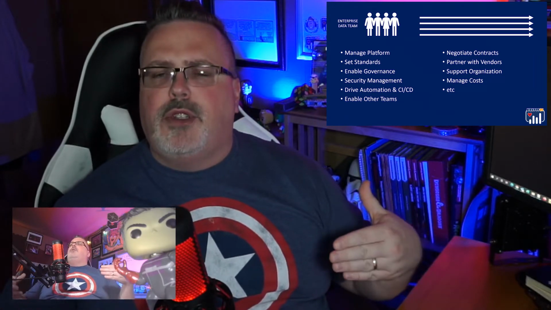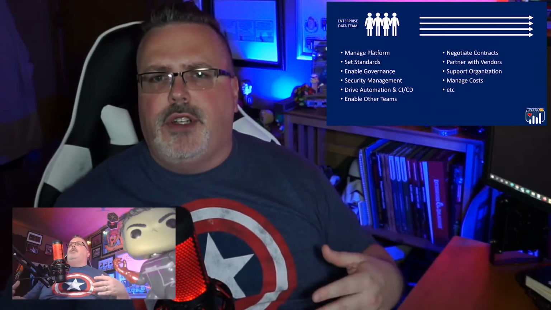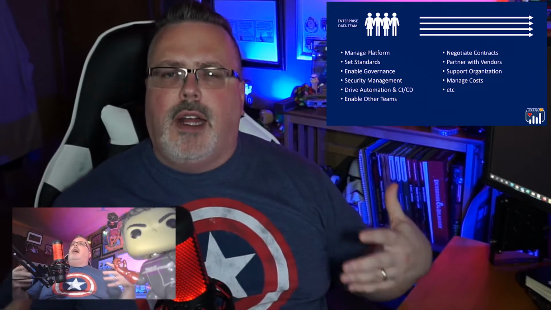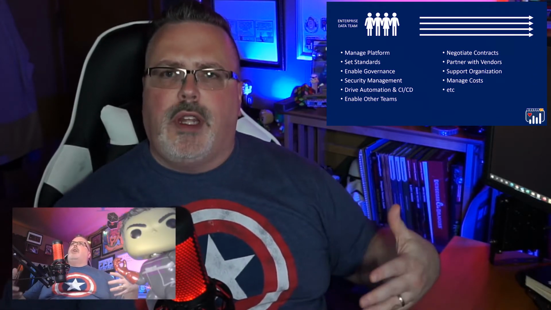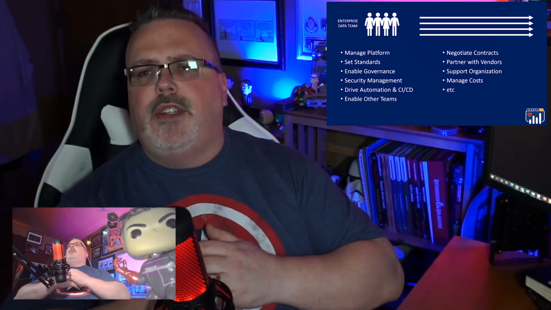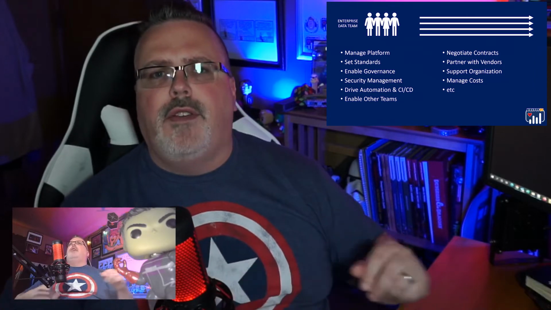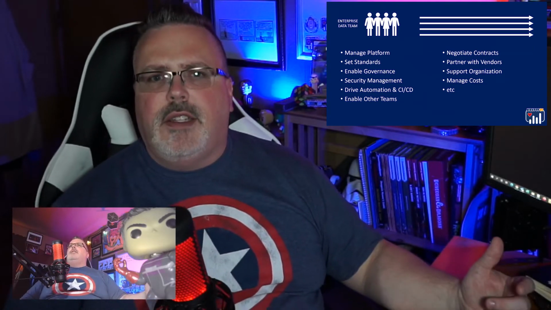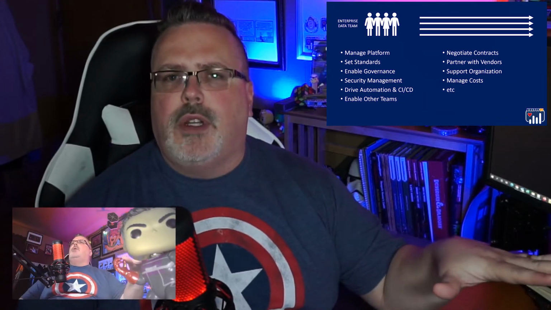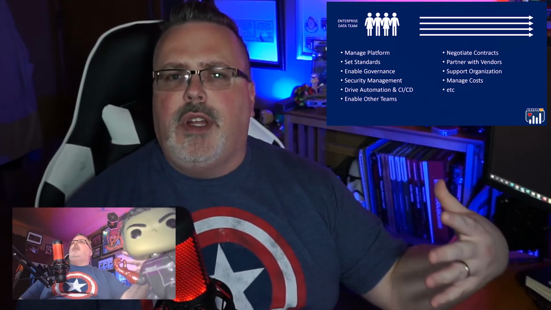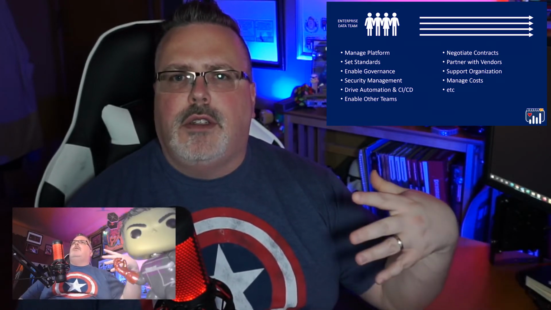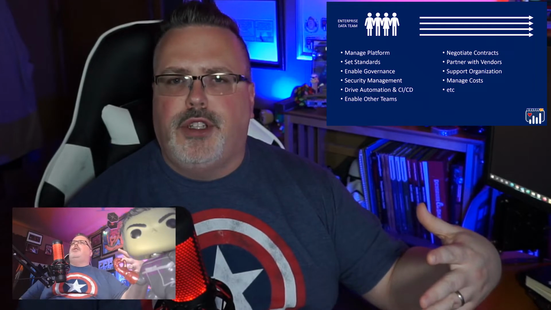That enterprise team is going to work hand in hand with the security teams, making sure that the platform and the perimeters of the platform are highly secure, and the way people are working inside that platform is secure. Traditionally, that enterprise team is always going to be pushing for and driving automation and CI/CD, those types of capabilities, with a real focus around enabling all of the other teams that are working and operating on the platform to do their job.